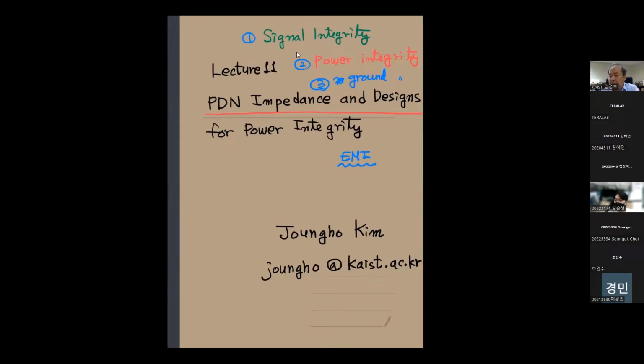But in real semiconductors and computers, PDN impedance control is a very important subject to guarantee reliability of your systems and to improve performance of your system. So today, I'm going to give you an overall view on power distribution network designs.